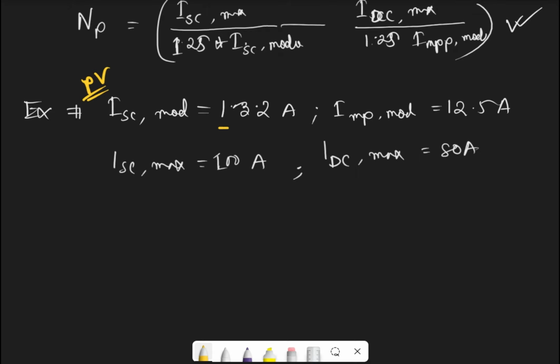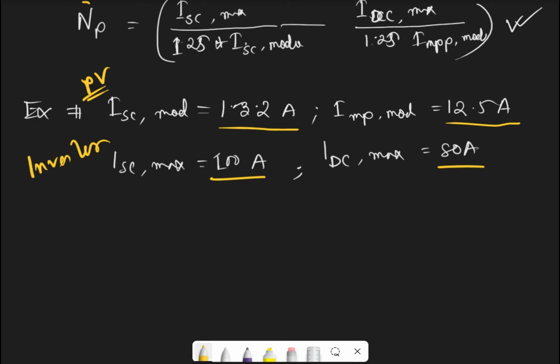Short circuit current is 13.2 and maximum power point current of the module is 12.5, and the short circuit current for the inverter is 100 ampere, and the DC maximum current for the inverter is 80 ampere.